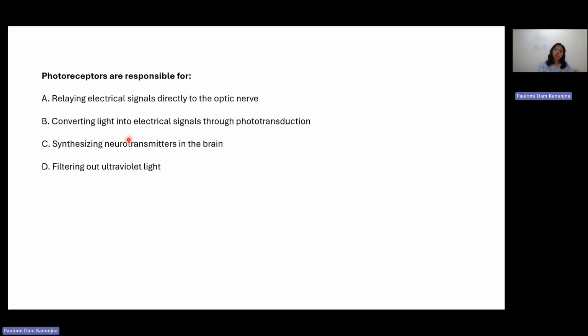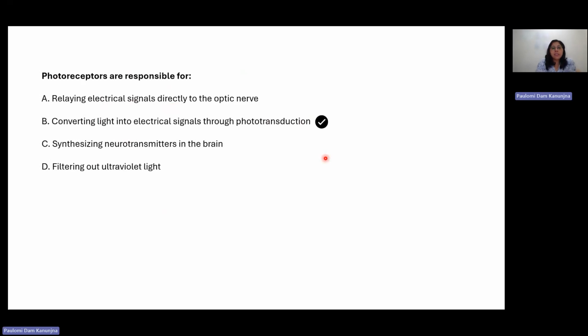They are synthesizing neurotransmitters in the brain, or they are filtering out UV light. We've already discussed this multiple times, so it is not a difficult question. It just requires you to read them a bit carefully.